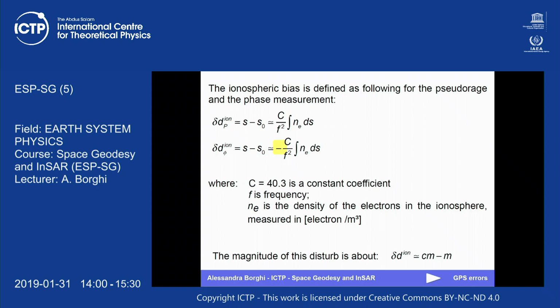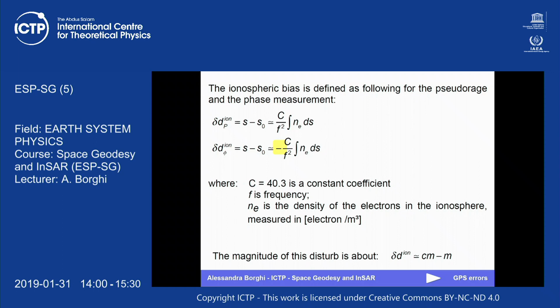So we have different effects if you change the sign. The equation is the same, but the signs change. For the code measurement, P means pseudorange, the distance obtained by code, by time measurement, or if you use phase, the equation is the same, with a change in the sign.